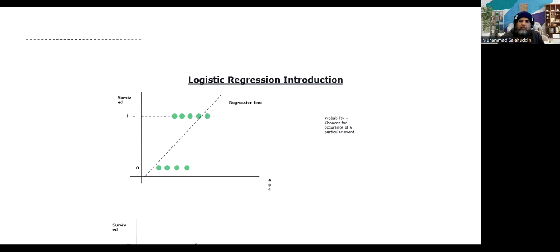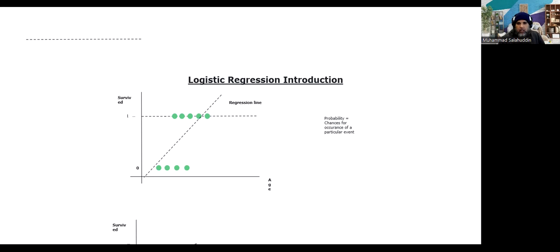So for example, if I run the logistic regression on this data set and it returns a 20% chance the person is not going to survive and an 80% chance that the person is going to survive, I'm obviously going to take the classification for that particular record as survived, right? Because the probability is higher on that side.